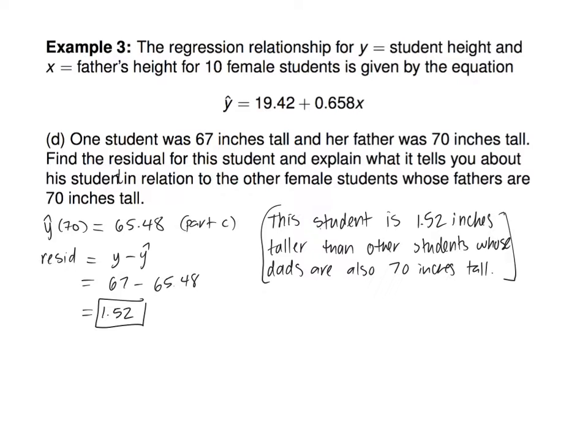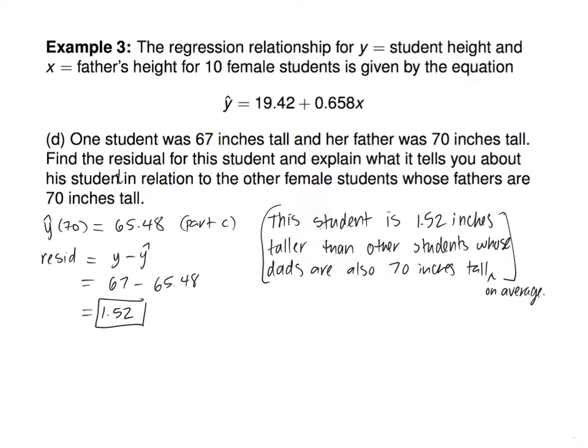The same thing wouldn't be true if you're comparing her to people whose dads were taller or shorter. She's not 1.52 inches above average. She's 1.52 inches above average within people who have this criteria. Does that make sense? Yeah, I was just saying that that doesn't mean that all other dads and all of their daughters are exactly the same. No. This is worded kind of strange.